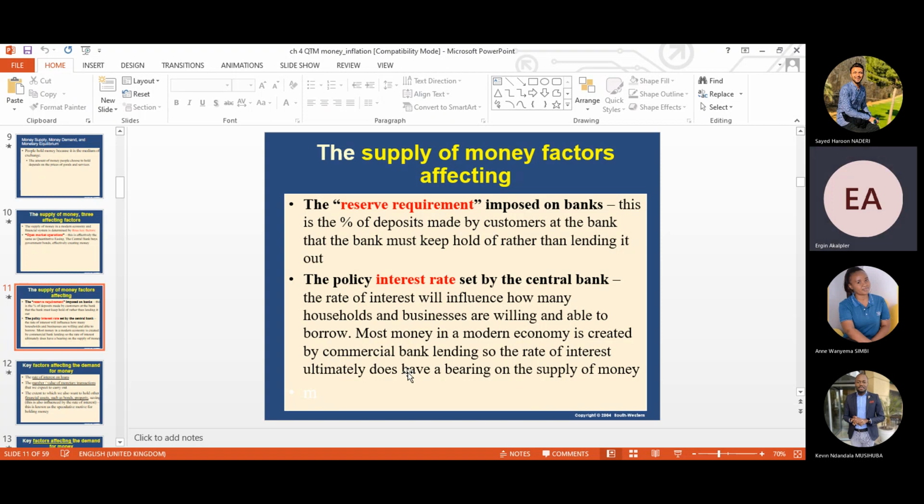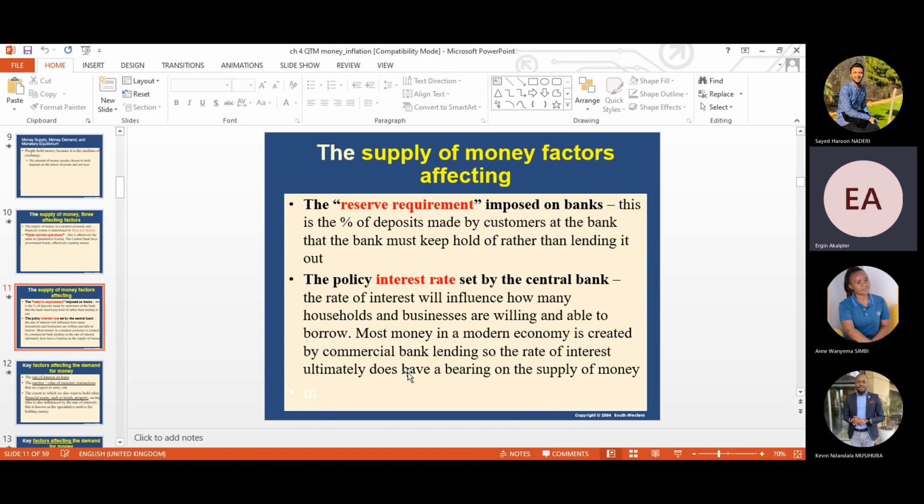The policy interest rate, the so-called discount rate, is set by the central bank. The rate of interest will influence how many households and businesses are willing and able to borrow. Most money in a modern economy is created by commercial banks lending, so the rate of interest ultimately has a bearing on the supply of money.